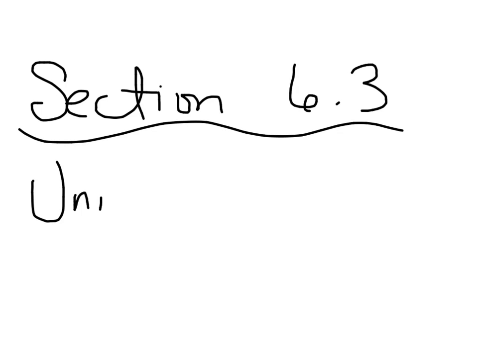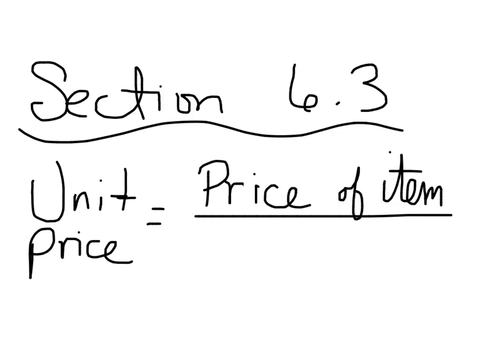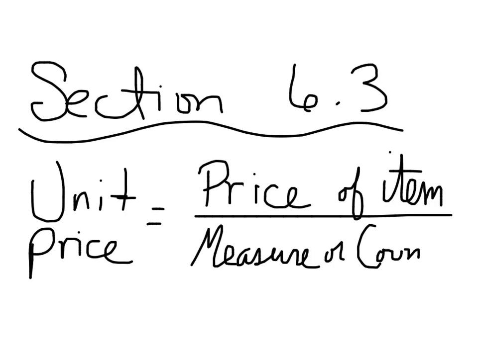The formula we use is that the unit price is equal to the price of the item divided by the measure or count. Measure is like the bananas or meat sold per pound.